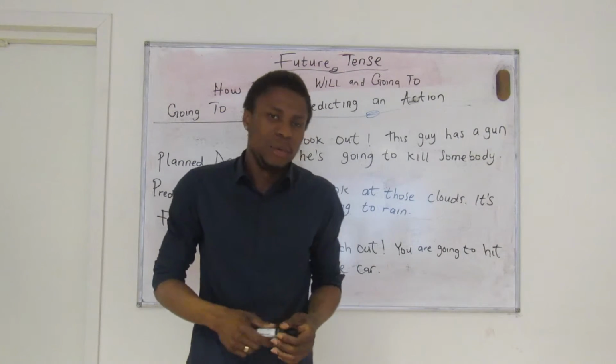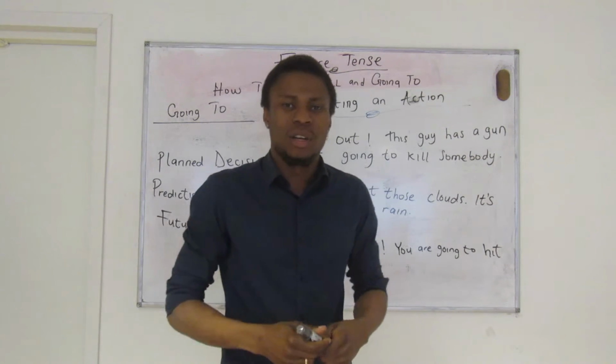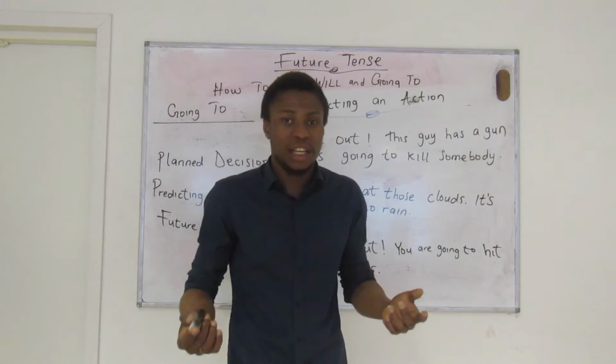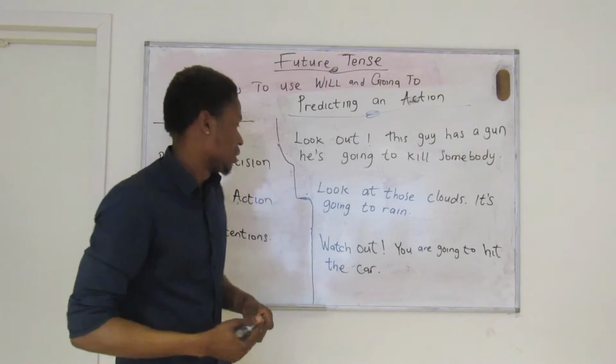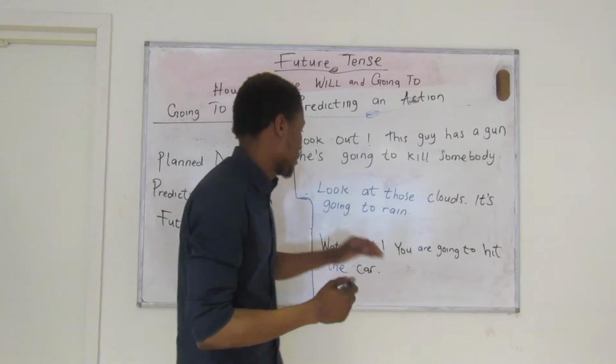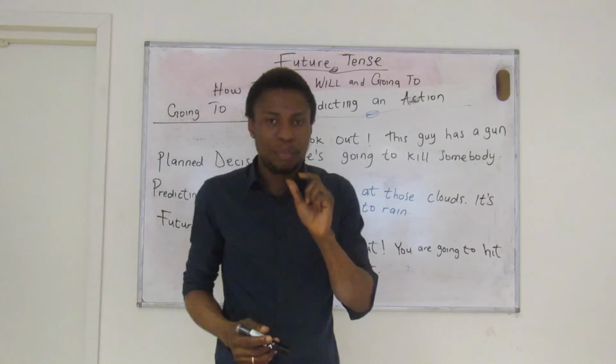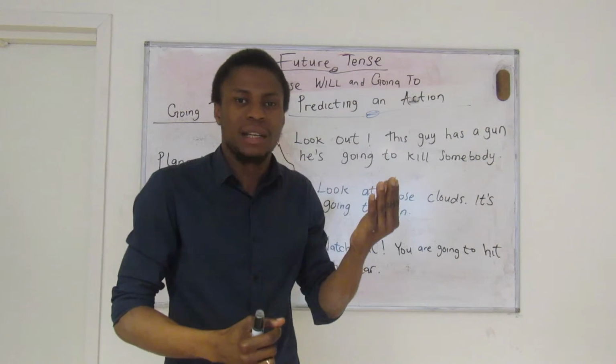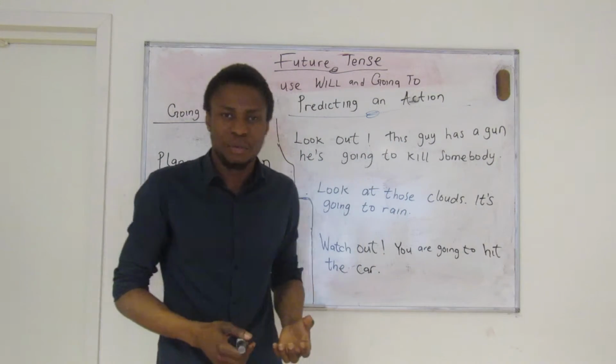Now, the next one. You're walking on the street with your girlfriend, or you want to take a walk with your girlfriend, and suddenly the clouds change. And you tell your girlfriend, look at those clouds. It's going to rain. You have proof. You have evidence. Your evidence is that the cloud is different, and it looks like it's going to rain.